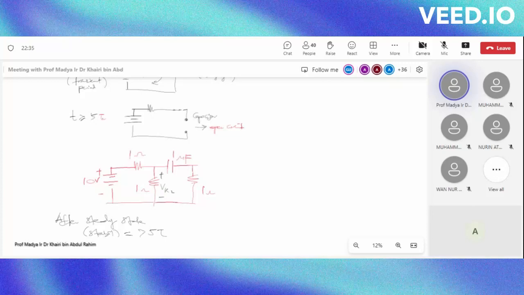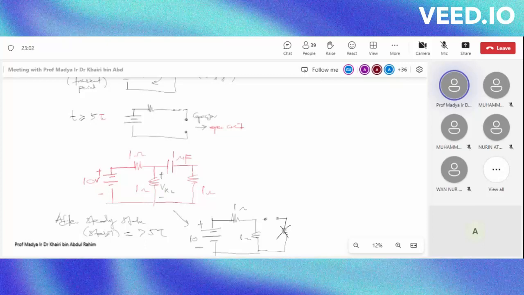So in this case, what you need to calculate is very simple. This circuit now becomes only this, because over here is open circuit and you can ignore this resistor here, right?